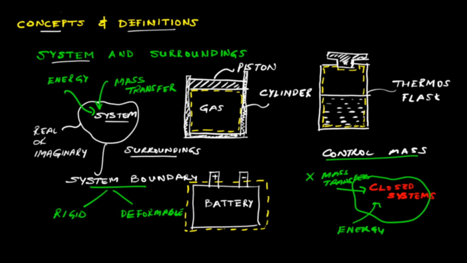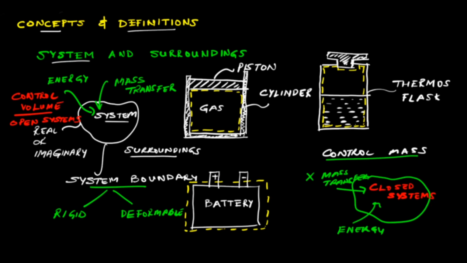systems. On the other hand, if we have a system which also allows mass transfer across the system boundaries, such kind of systems are called control volume. And to mention specifically that there is mass transfer across the system boundary, such systems are also called as open systems.